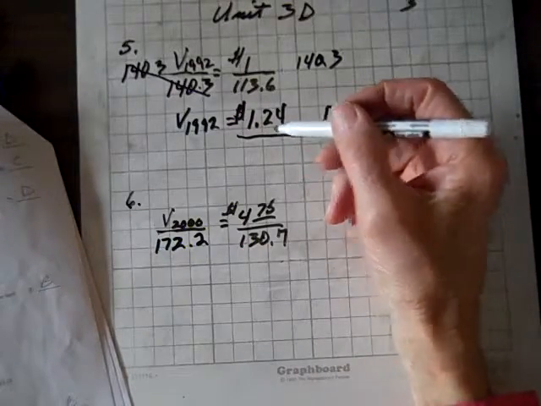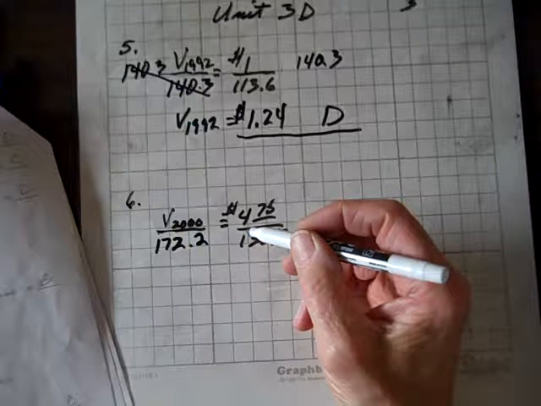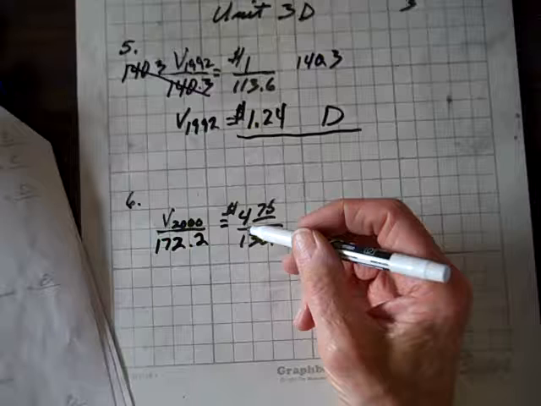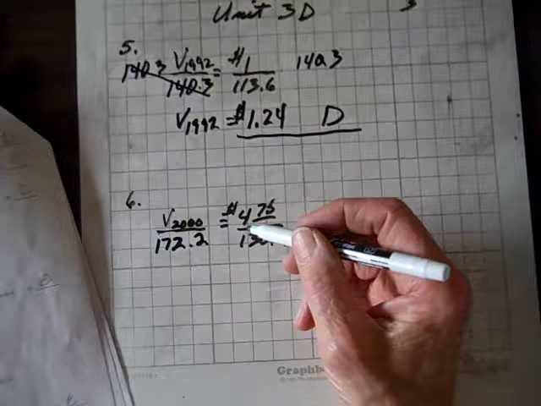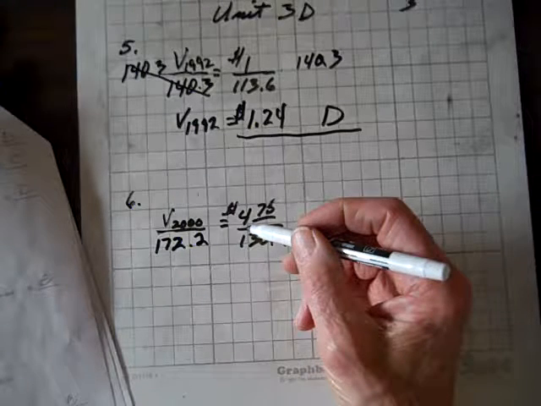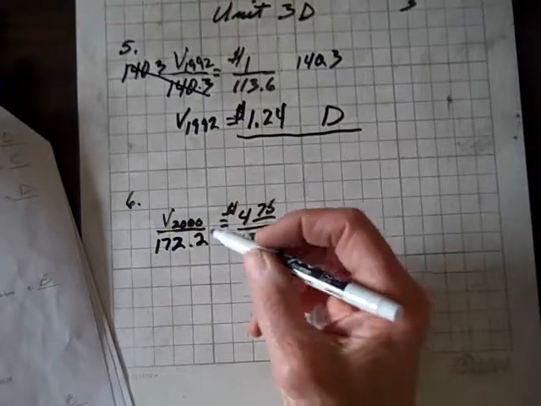So now let's do 6, and we're talking about a similar question. The years are 1990 to 2000, and we want to find the minimum hourly wage.